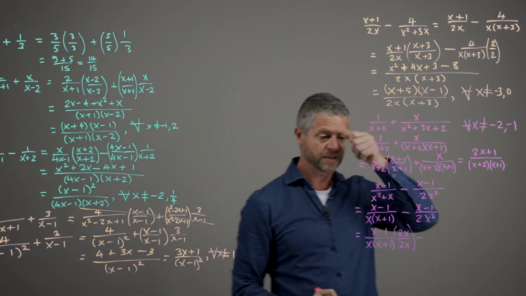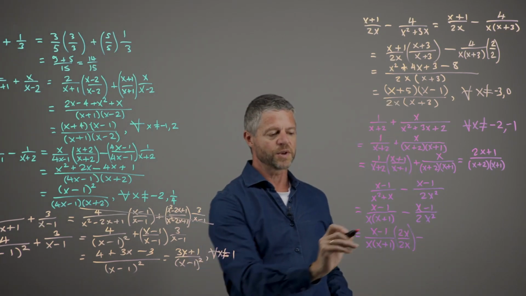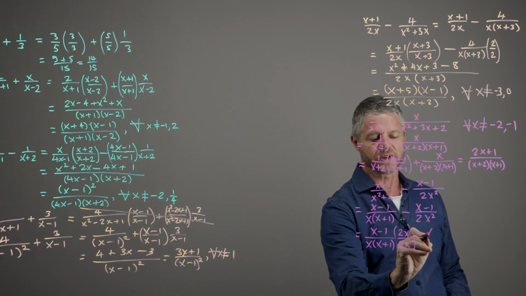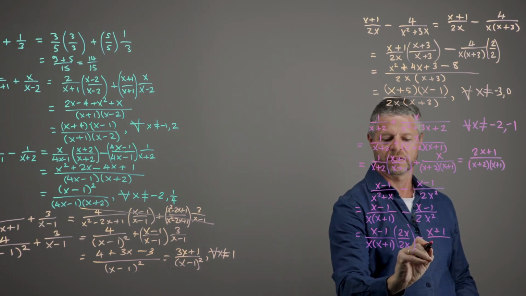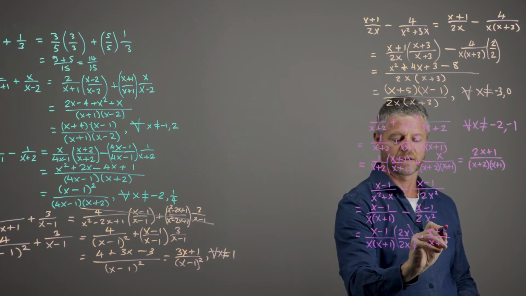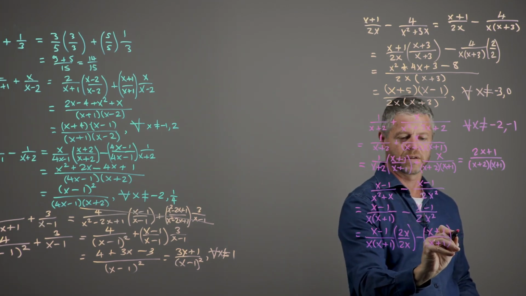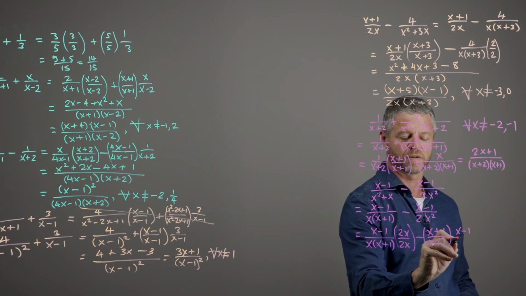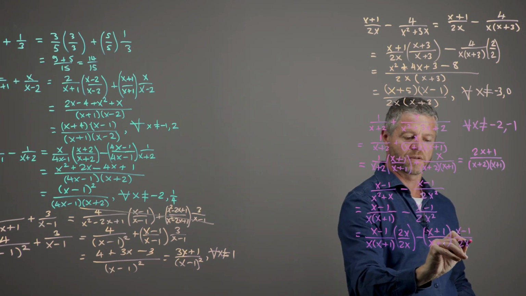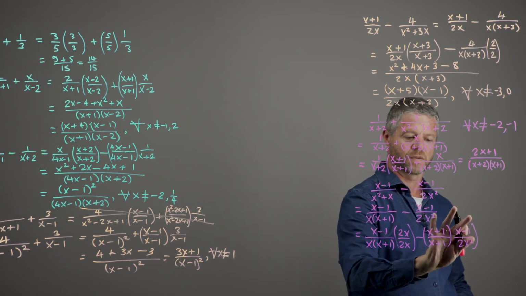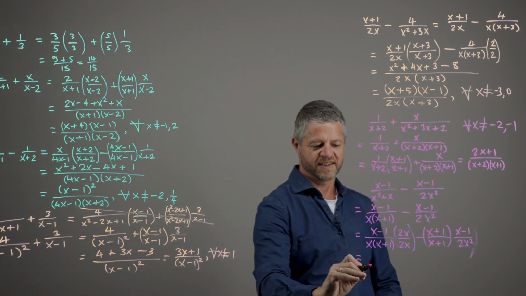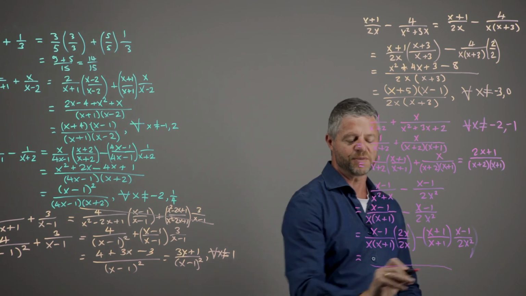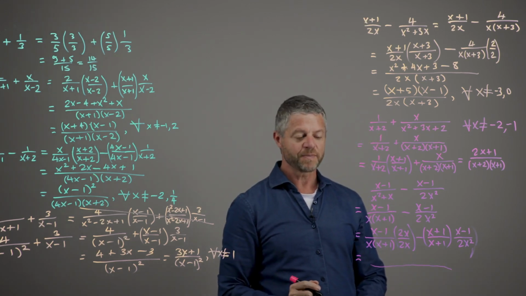And then the second expression, we'll multiply that by x plus 1 over x plus 1. And then figure out what's in the numerator, and hopefully it'll simplify.